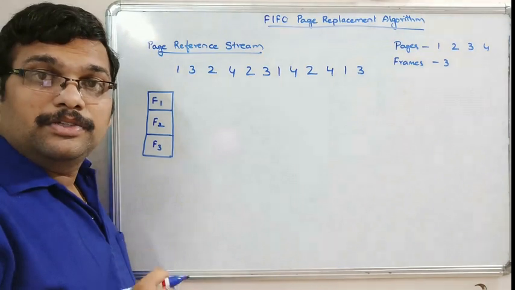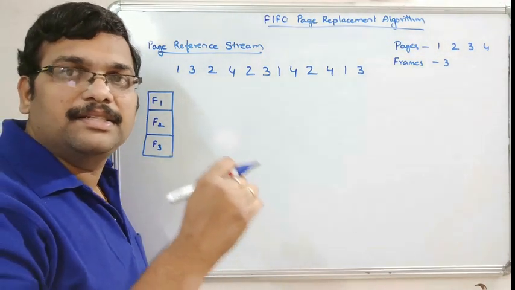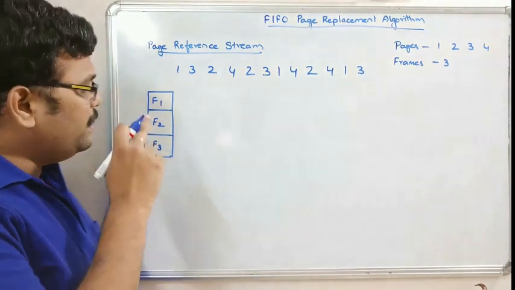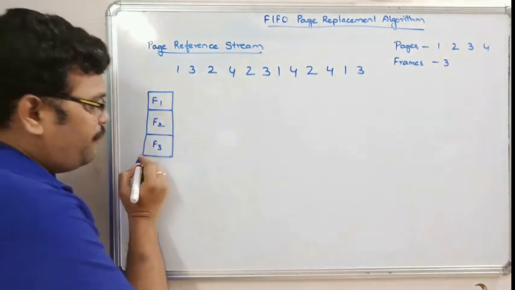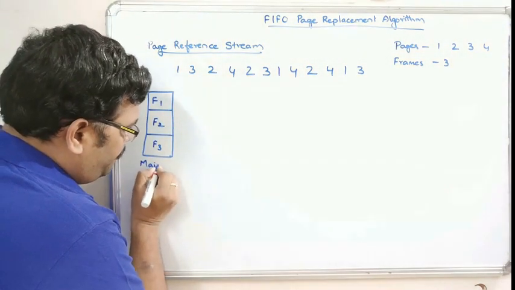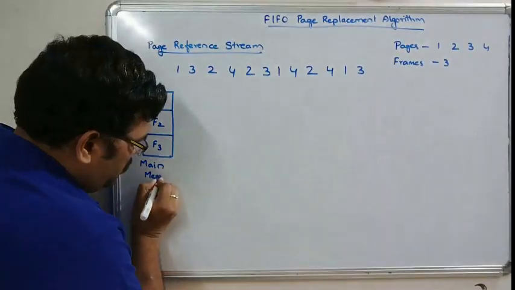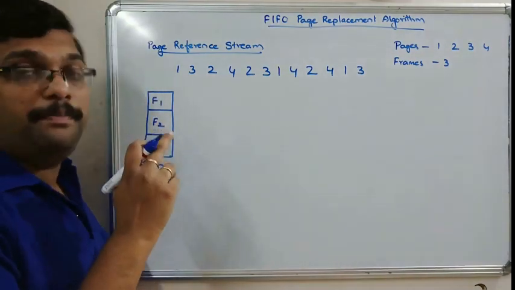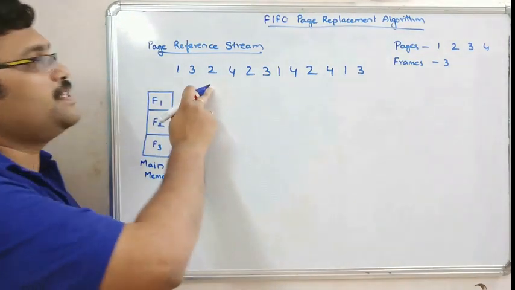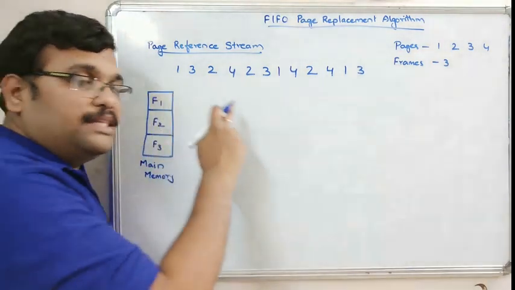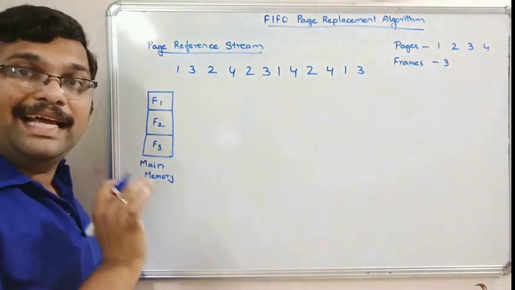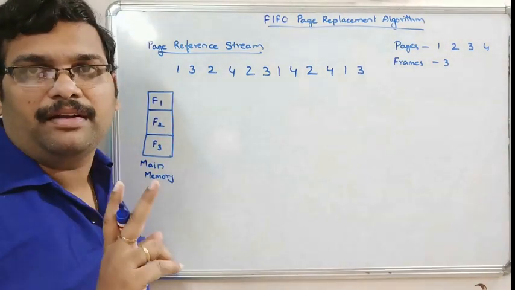We know that if the required page is not available in the main memory, and here these frames are nothing but our main memory, and these are the page reference strings, that gives a page fault.